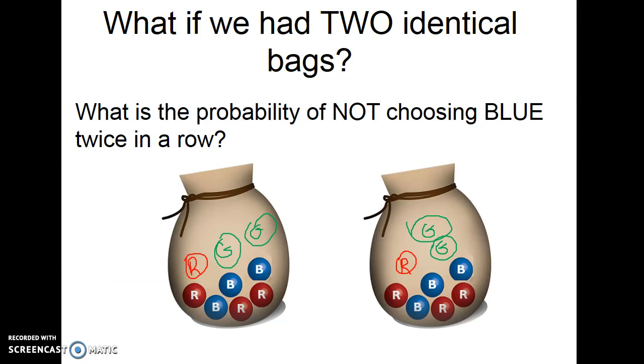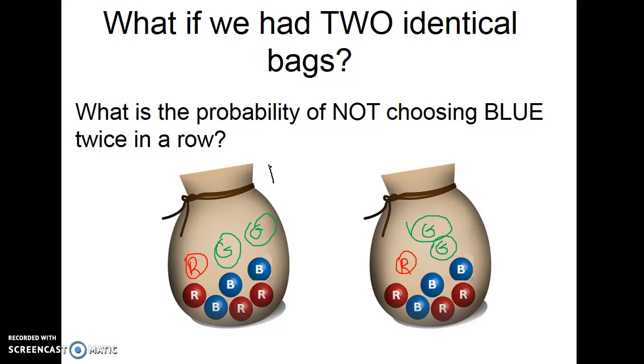So now let's duplicate the bag and say there are 2 bags that are exactly the same. We still have the 9 marbles in there. I drew in the extra red and 2 green in both bags. And what's the probability that we would not choose blue twice in a row? To find the probability of not choosing blue, I am first going to find the probability of choosing blue.